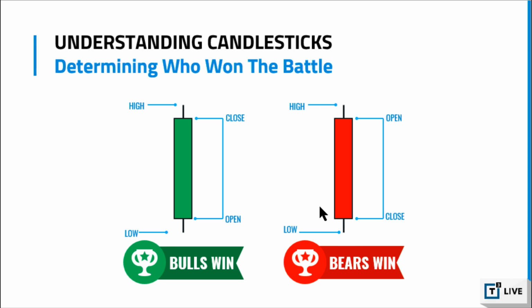But if it's a green candle, if it's color-coded green, it means the open must have been at the bottom of that green and the close was at the top of it. And vice versa if it's a red candle. The open is at the top, at the start of that red, and the close is at the bottom. That's how you can tell if it's color-coded red, that's how you can tell it closed below where it opened.